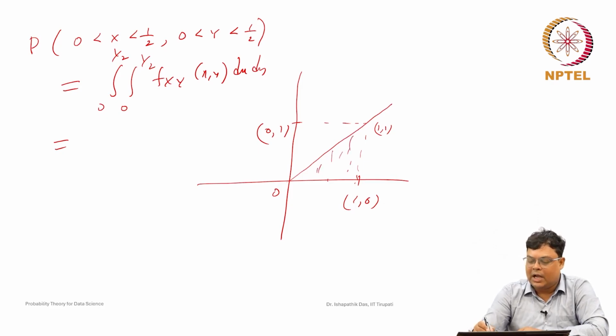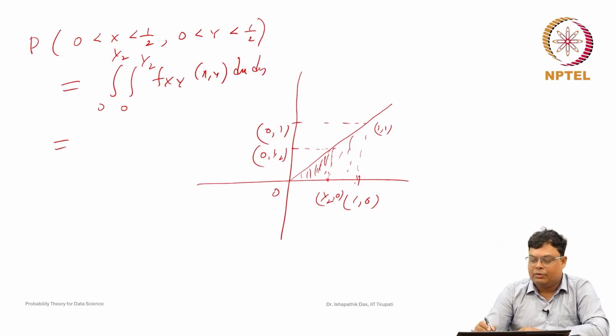Now, if you take the half here, x from 0 to half and y from 0 to half, then we have to do the integration over this region. This area will be proportional to 1/2 into 1/2, 1/4, 1/8 actually.